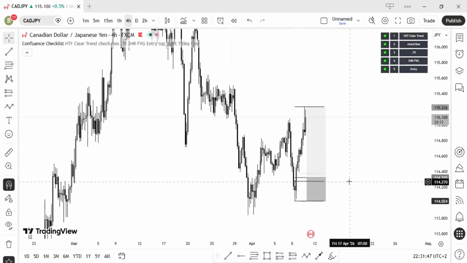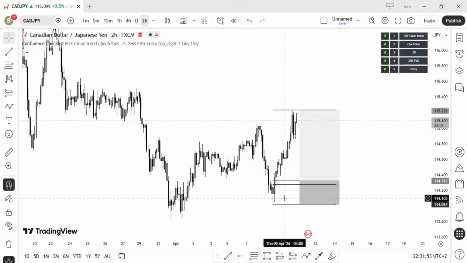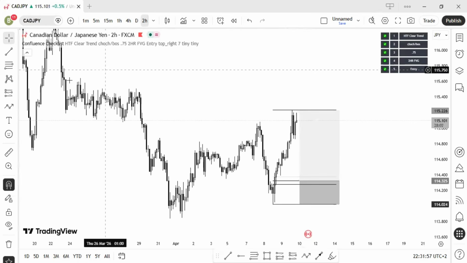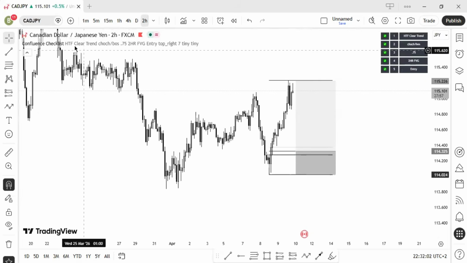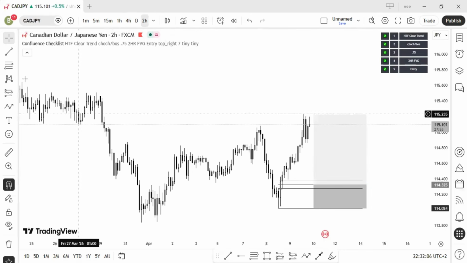So once we broke structure here, I just put my fib here to see if I can get maybe an entry also coming for these highs here. I'm using those highs there as a confluence. It doesn't have to come for them though.